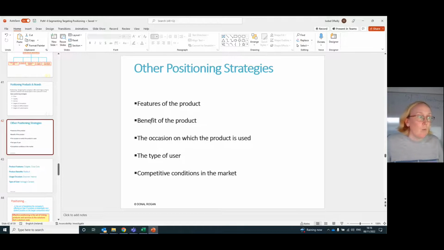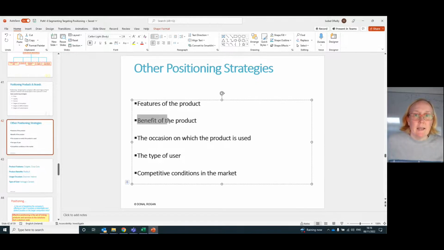Some people want better breath, and some people want tartar protection, and so on. So the market is segmented by the benefits or the features. Those two points are interlinked. So the occasion can be another way of positioning, so a gift purchase and so on. Type of user, competitive conditions in the market, and so on.